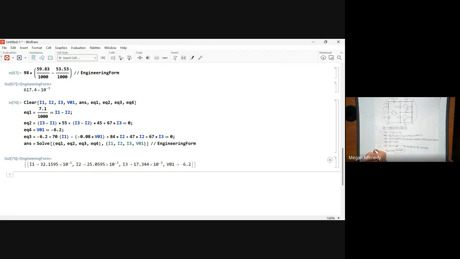And then the current from 2 to 1 is going to be the opposite of I1, which is negative 32.15 milliamps. Does that make sense? Are there any questions for me?